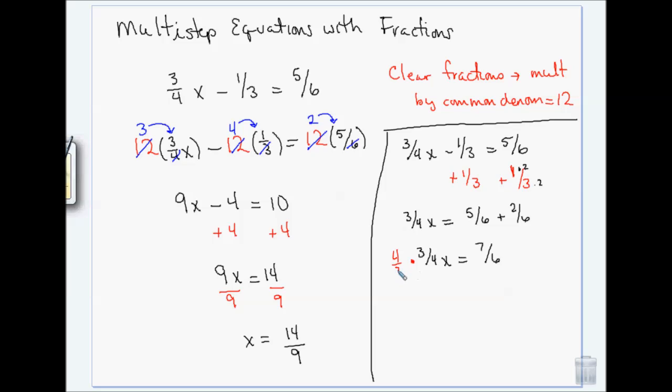And then I'm going to multiply both sides by the reciprocal to get rid of the 3/4. So this will give me x. 6 and 4 will cross cancel by 2. And I get 14/9.